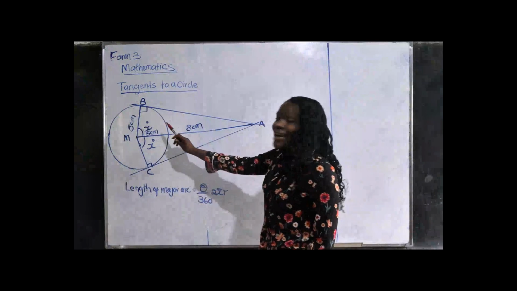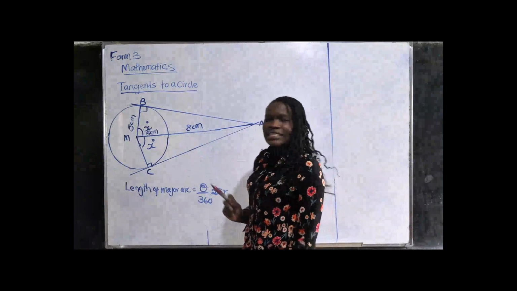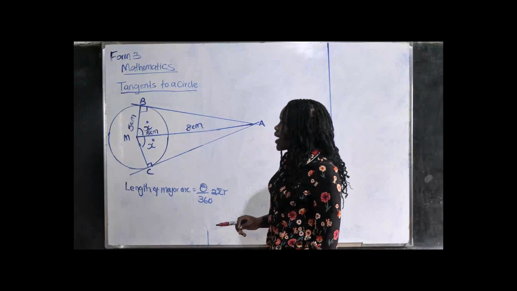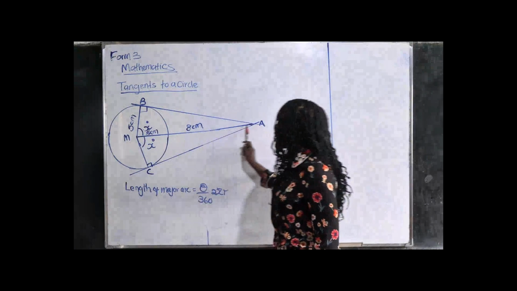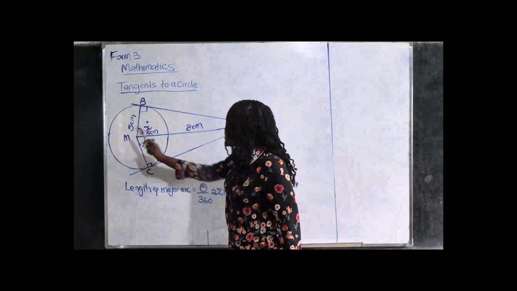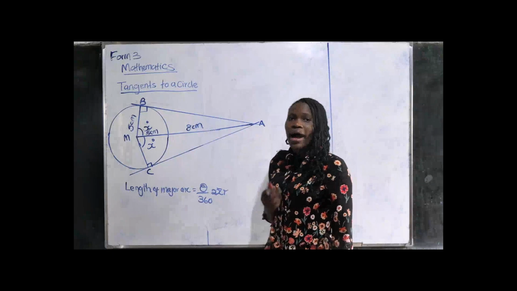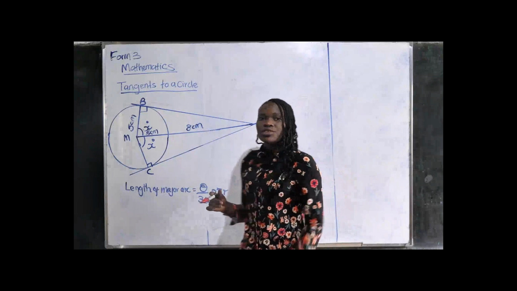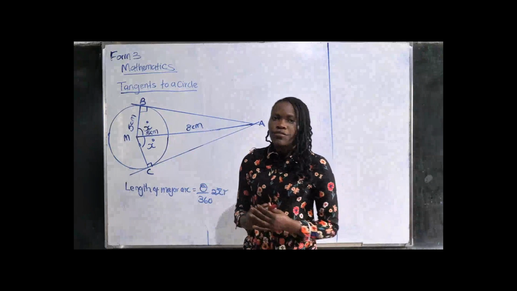We know this is a right angle triangle. And this one is going to be our hypotenuse. The line that bisects this angle, that is line MA, is going to be our hypotenuse. So we are going to use trigonometry to solve this.